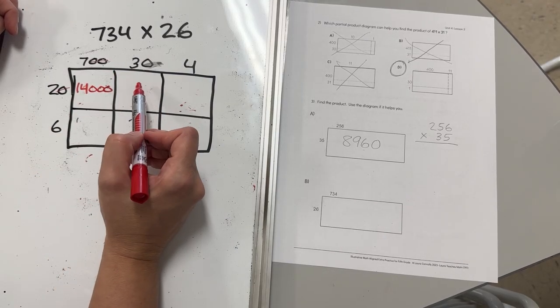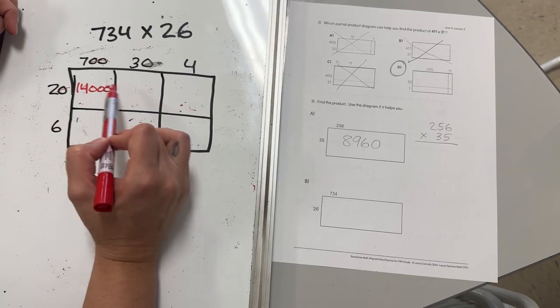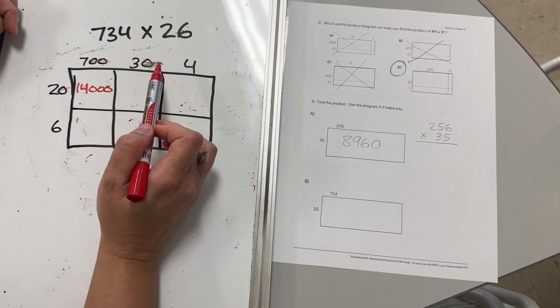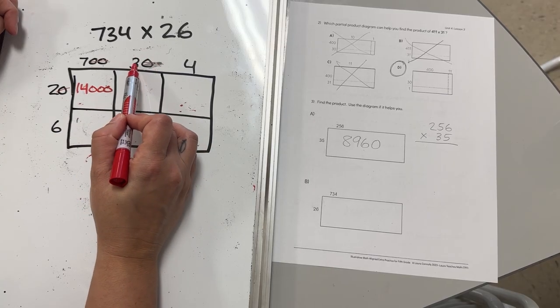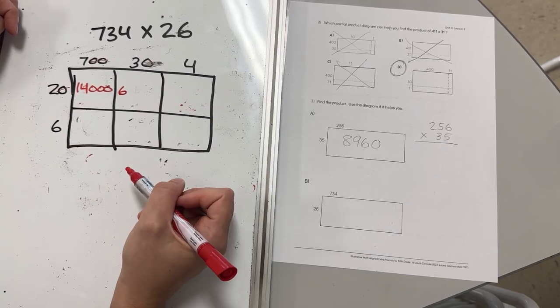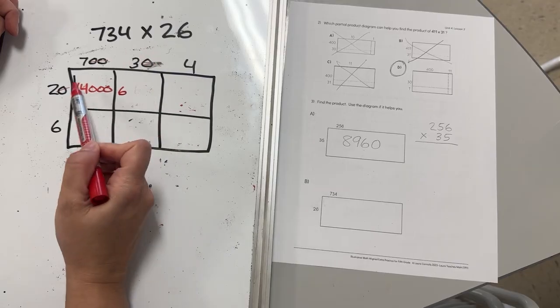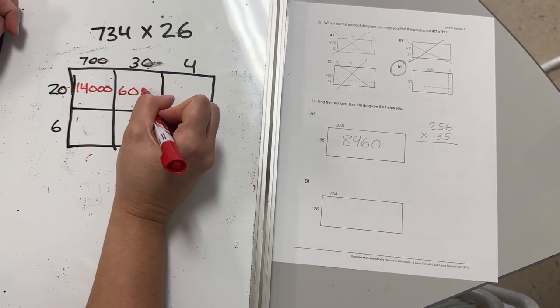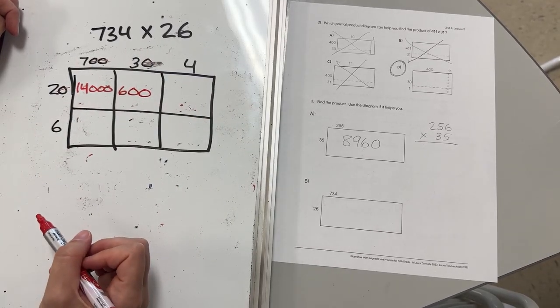In my next box, I have 30 times 20. Again, I'm pretending like the zero is not even there, and I'm just going to do 3 times 2 to get 6. Then I'm going to add 1, 2 zeros back onto that to get 600.